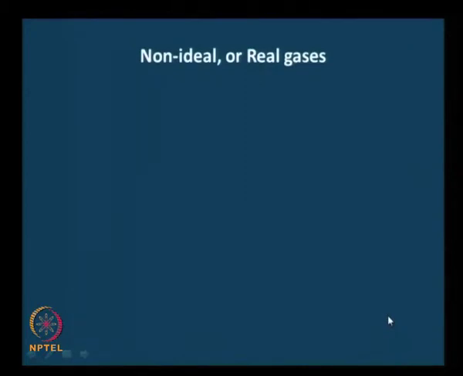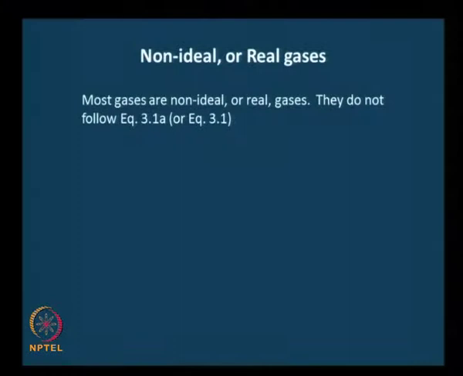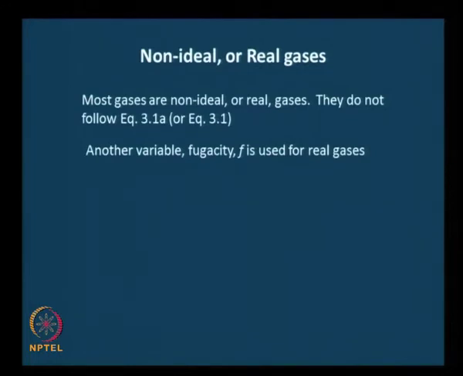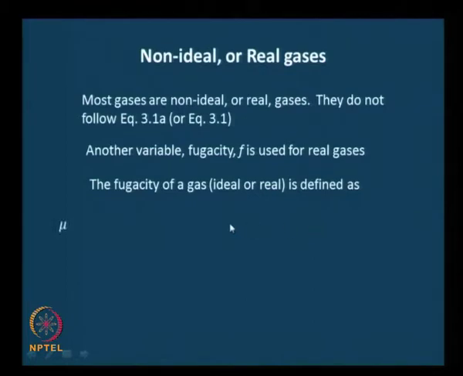Then we started looking at non-ideal or real gases, which of course most gases are real or non-ideal, or in other words they do not follow the equation of state PV equals RT, and to describe them we brought in the variable fugacity, and in terms of the chemical potential that we have seen, fugacity can be given as mu equals mu naught plus RT ln F. This is for a real gas or all gases.